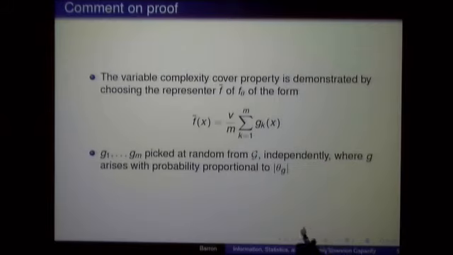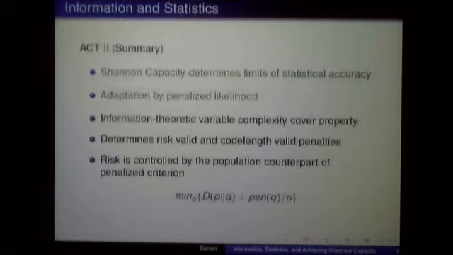Pick the G1 through GM using probabilities proportional to the coefficients of the f theta that you're trying to represent. It will produce in expectation the inequality you want, so there must exist such an f tilde for which it's true, the random coding argument.